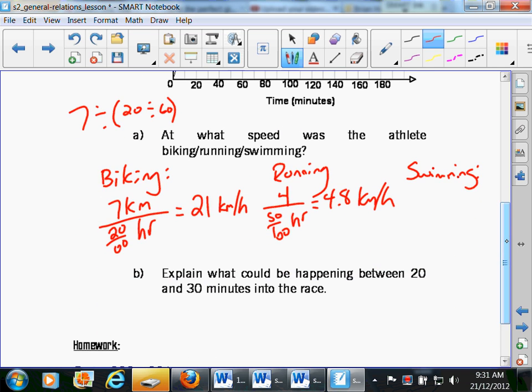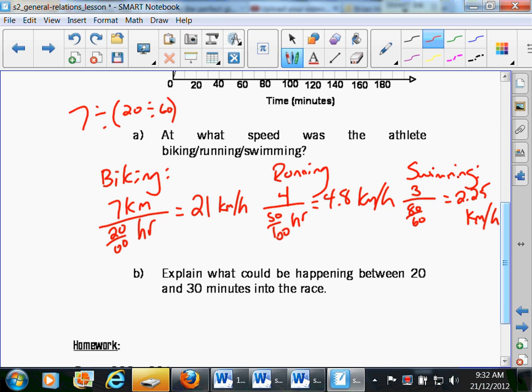So that's 3 over 80 over 60, which would give us 180 divided by 80, which would be like 90 divided by 40, 9 divided by 4, which would be 2.25 kilometers an hour. So like we suspected, the speed biking was greater than the speed running. Speed running was greater than the speed swimming.